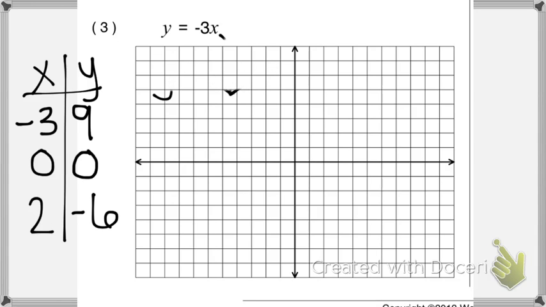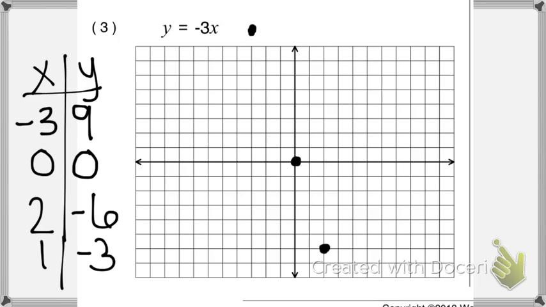Okay. So now I'm going to graph these. I go left 3, up 9. It's 1 off my graph, but that's okay. 0, 0. And then 2 down 6. Should be right here. Okay, so I do only have 3 points, but remember that if I were to do more and more x numbers and plug them in, I could keep going, right?